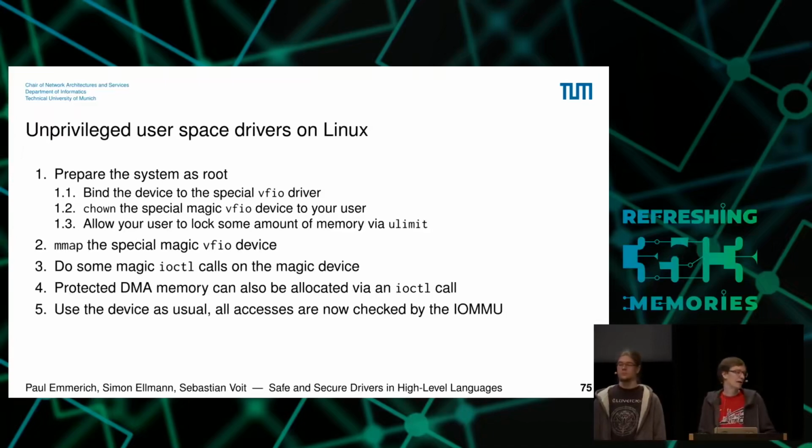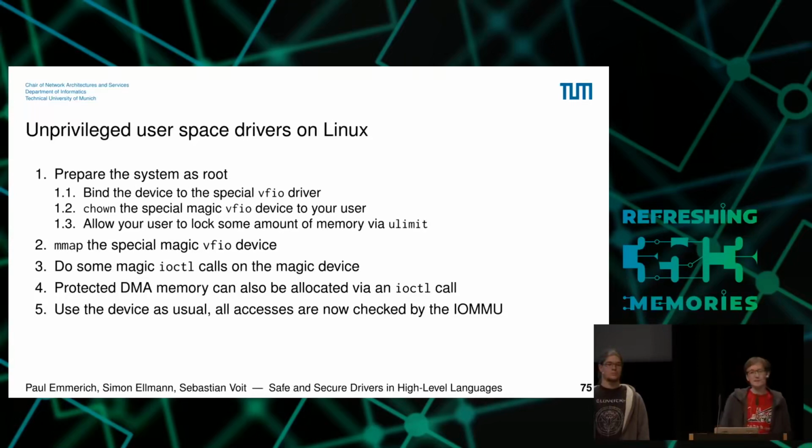The unprivileged user can now call mmap on the new device, and then the unprivileged user can communicate with the kernel via IO control commands on the magic device, and it can also tell the kernel to please allocate DMA memory, which is also actually a better way to allocate DMA memory for technical reasons. And then you can just use the device as you had before, so you just need to change the setup steps.